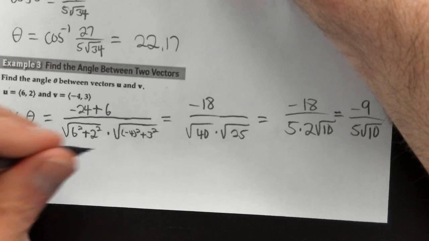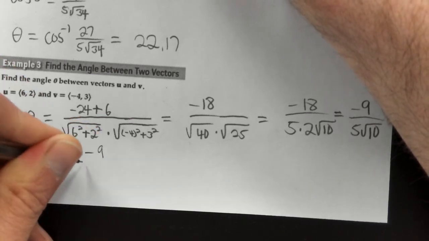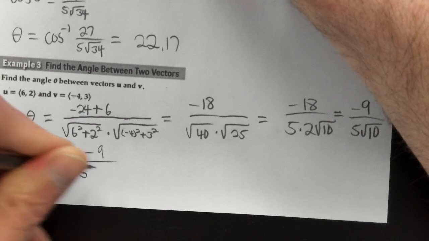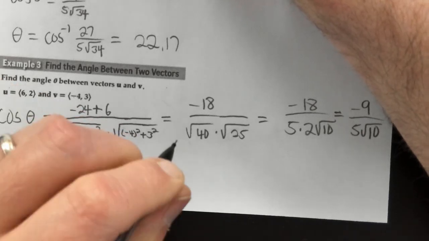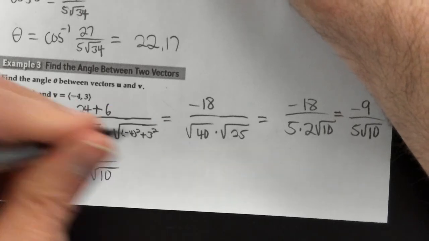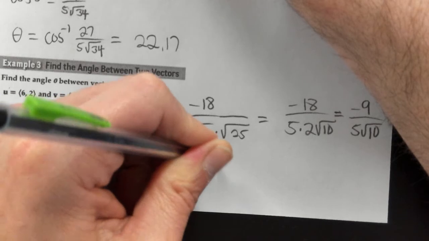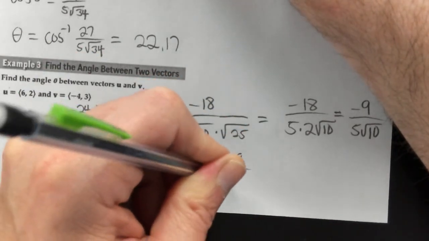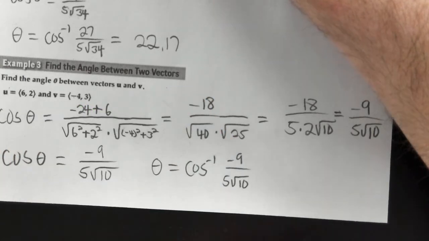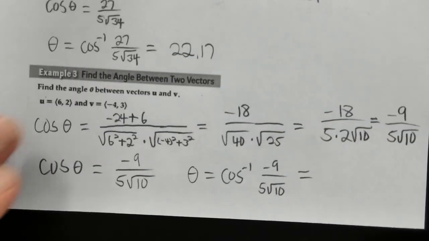All right. So we want the cosine of the angle is equal to negative 9 over 5 square roots of 10. So I need the inverse cosine of both sides, so that means this angle is going to be equal to the inverse cosine of negative 9 over 5 square roots of 10, and that is going to tell me what my angle is between the two vectors.